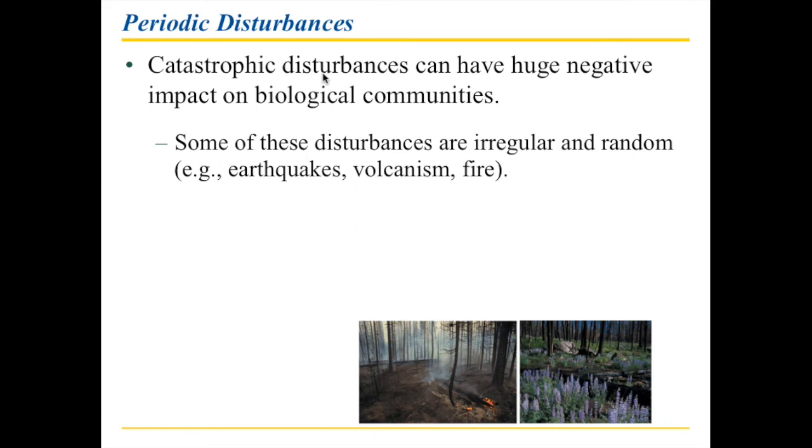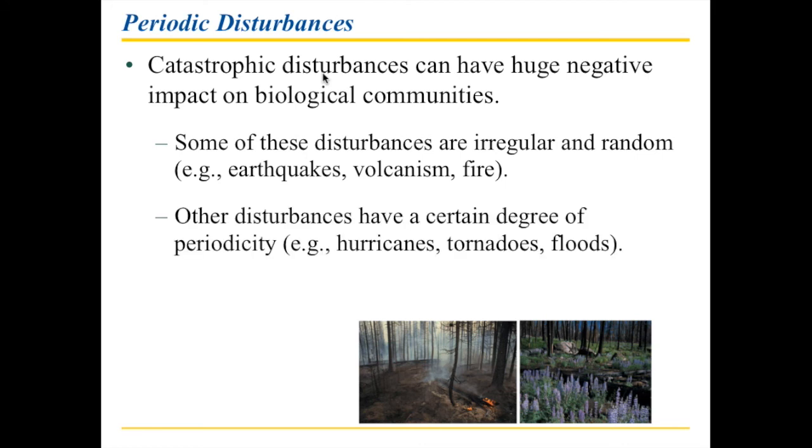The same thing with volcanism and most types of fire. Fire in the sense of non-human caused fires as opposed to human caused fires. Now we do have a little bit of a fire season, and it used to be that I listed fire in the periodic disturbances, because if it's a dry season, like the summer, then you expect more fires.